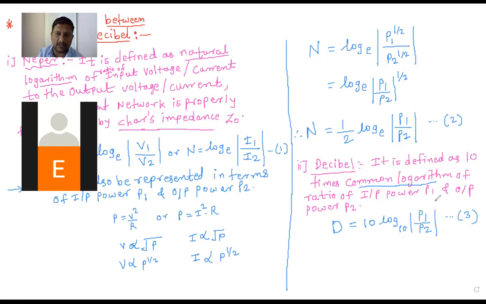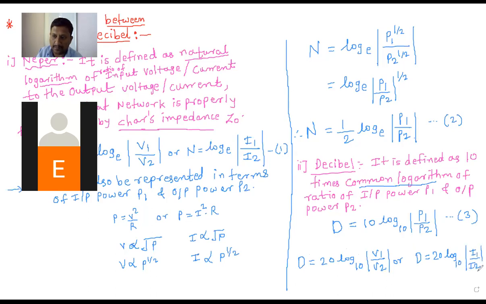That square means 2 raised to 2, so that 2 will come in front. 2 into 10 becomes 20. So D in terms of voltage or current is defined as 20 into log base 10 of V1 divided by V2, or D is equal to 20 into log base 10 of I1 divided by I2.